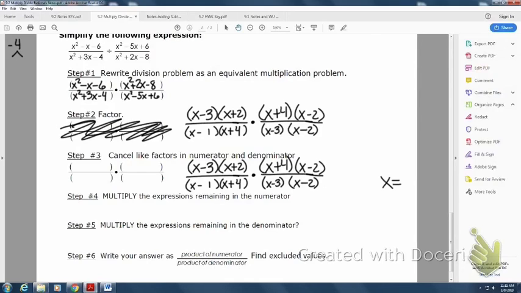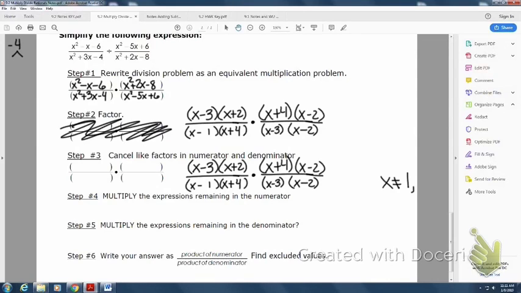Brianna, what would one of my excluded values be on this problem? Okay. Catherine, what would another one be? Take any of the factors in the denominator and set it equal to 0.